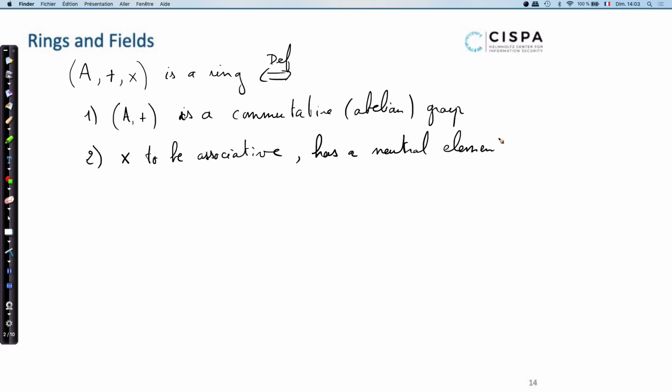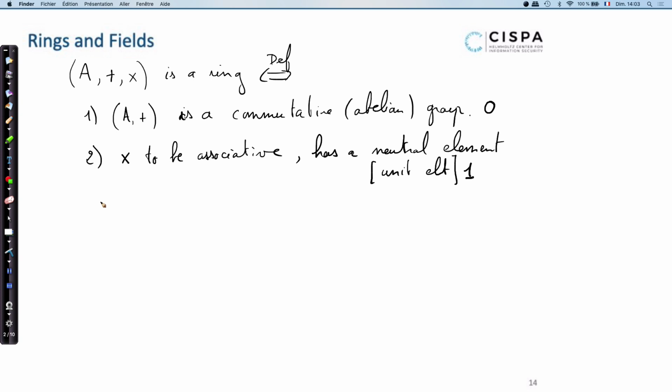And to emphasize that it is neutral for multiplication, we are going to call it the unit element. And very often we will write this unit element as 1. And the neutral element for addition, we will write it as 0.